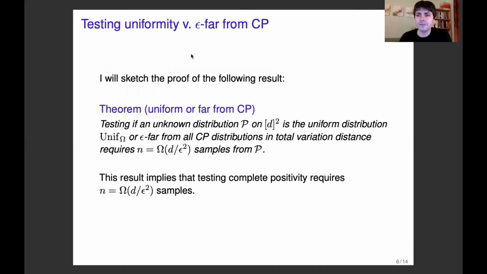So for the rest of the talk, I will sketch the proof of the following result: testing if an unknown distribution P is the uniform distribution on omega or epsilon far from all CP distributions on omega in total variation distance requires d over epsilon squared samples from P. And it is easy to see, because the uniform distribution is completely positive, that this implies that testing complete positivity requires the same number of samples.